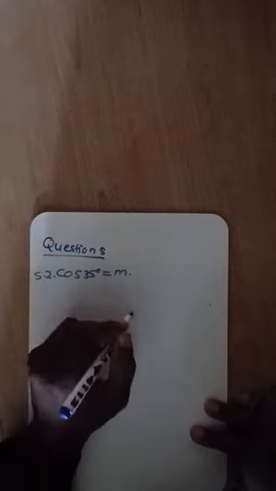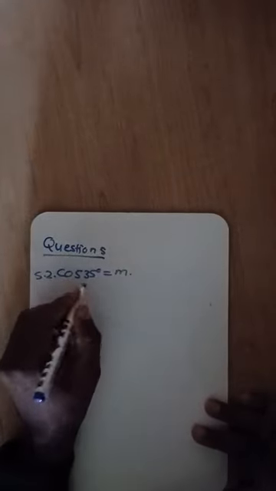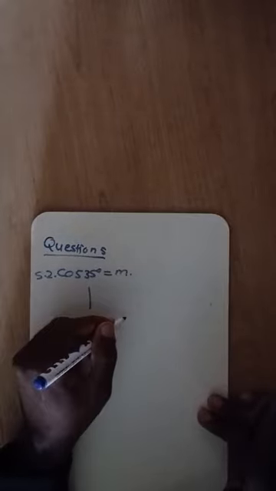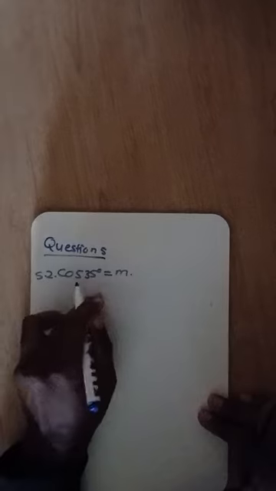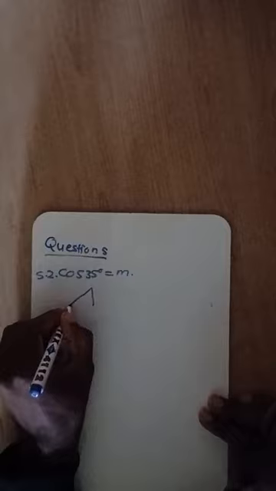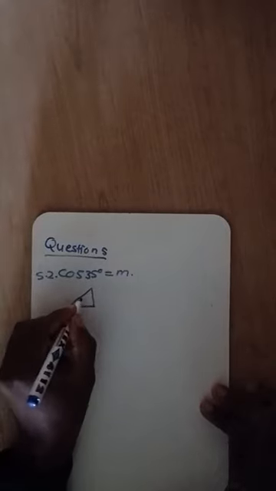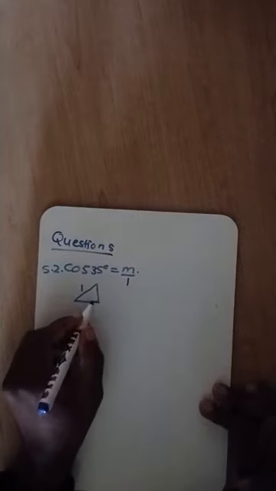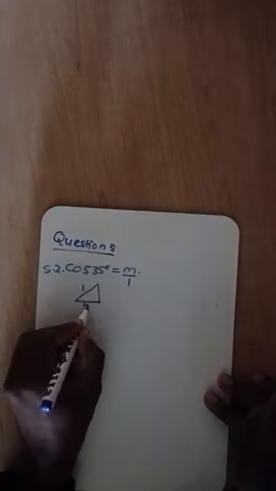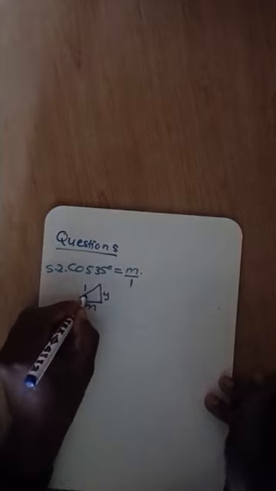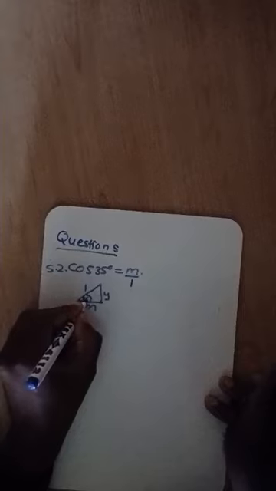So the first thing to do is to know that cos is equal to adjacent over hypotenuse. Cos is positive in the first and the fourth quadrant. So we're going to draw it in the first quadrant, something like this. We have a hypotenuse of 1 because it's over 1 here, and an adjacent of m, and then we're going to look for our y, which is the opposite. Our angle 35 will be here.